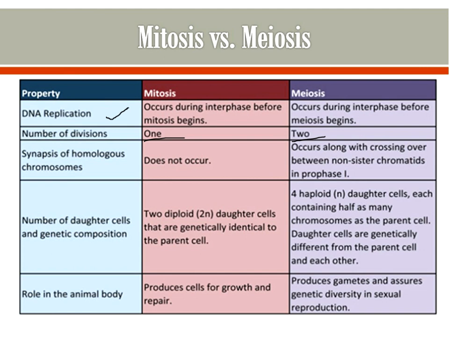Number of daughter cells, we got 2 identical cells here, but we have 4 different cells here. And the role in the animal body, mitosis is just for growth and repair. Meiosis is for sexual reproduction, making gametes for those. So again, know the processes and definitely know how they're different.